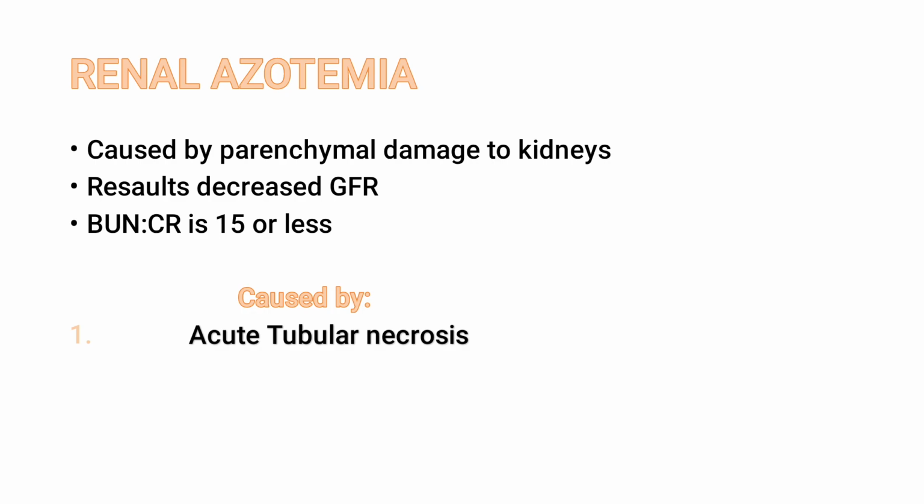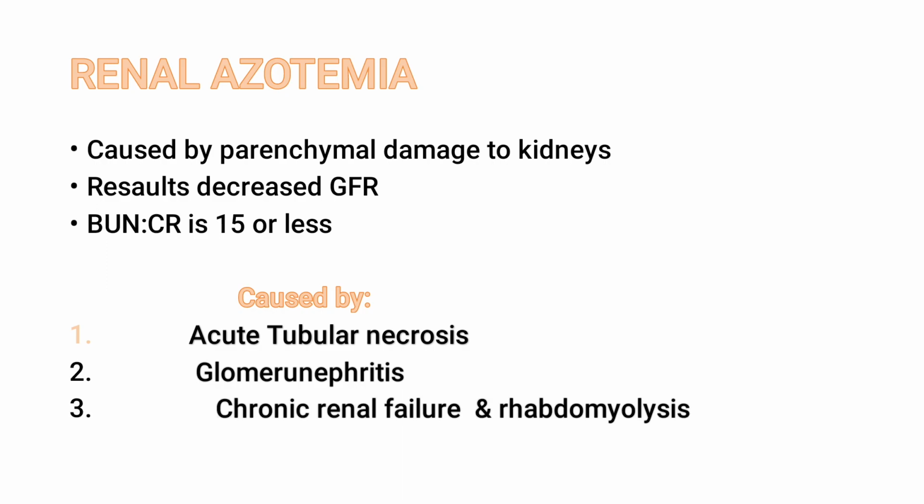As we know that the nephrons contain tubules which are very necessary for reabsorption, in this condition the necrosis occurs within the tubule. The second condition is glomerulonephritis. In this, the glomeruli of the nephron undergo inflammation due to antigen-antibody complex deposition. Then we have chronic renal failure and rhabdomyolysis.